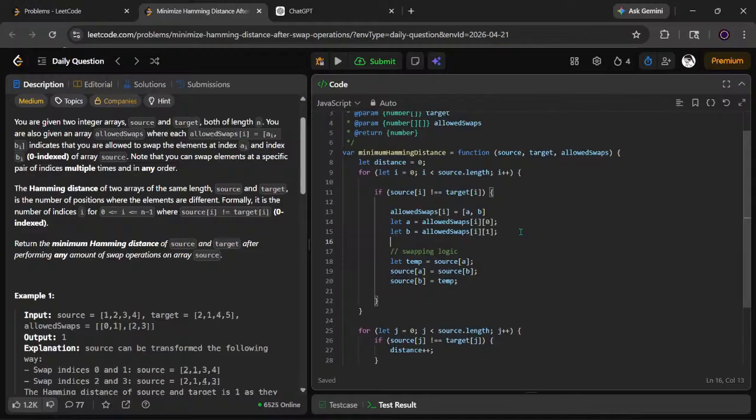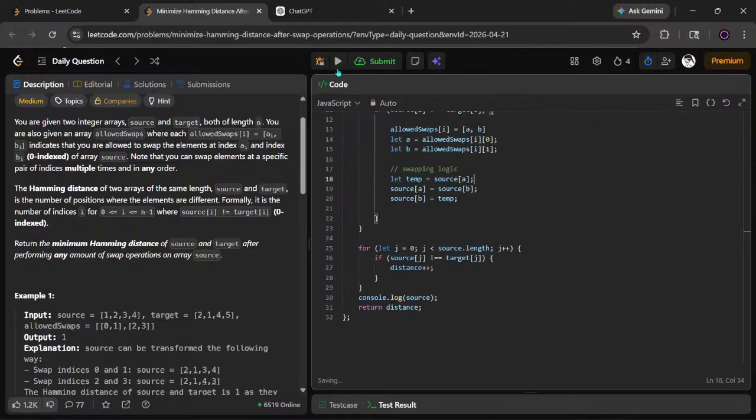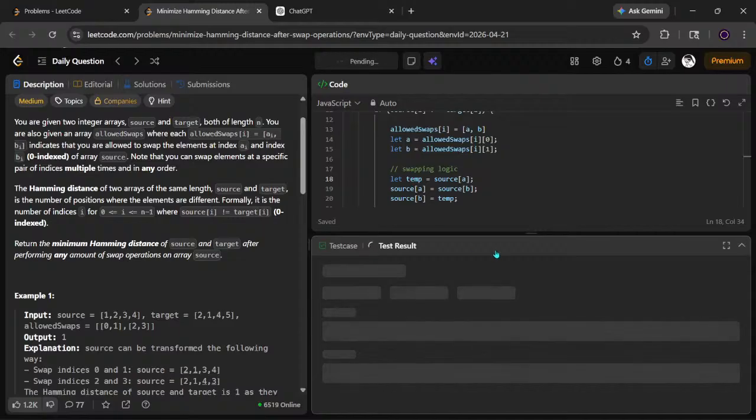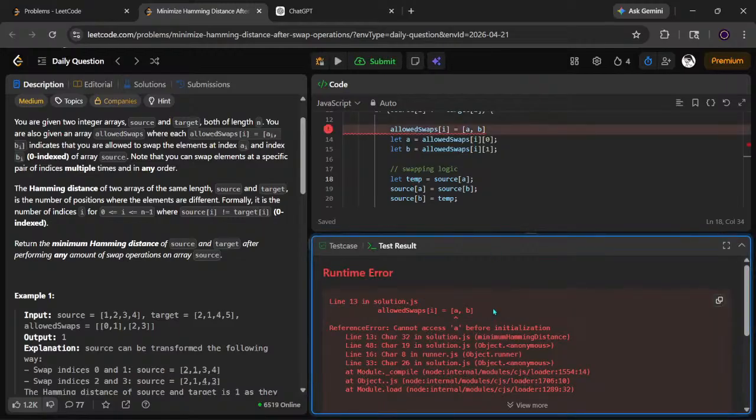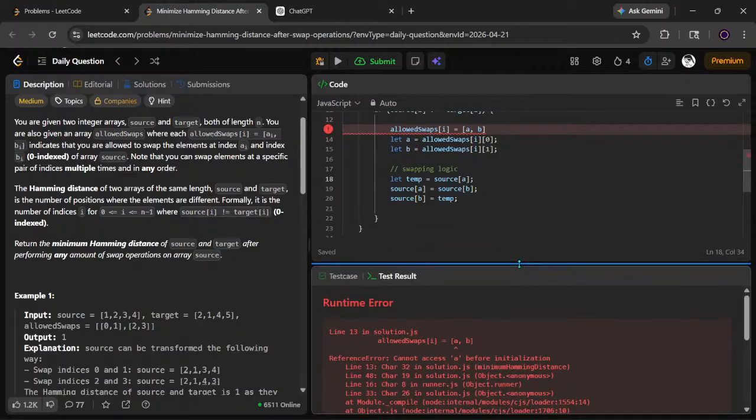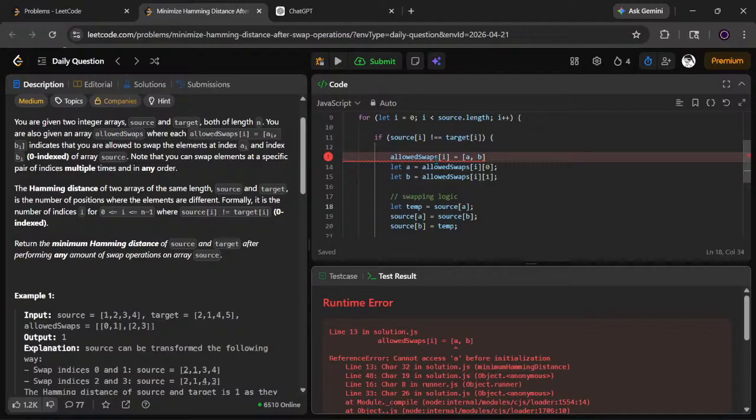Why are there so many spacing issues here, bro? It looks ugly. Just like me. Oh, cannot? This is how we destructure an array, right?